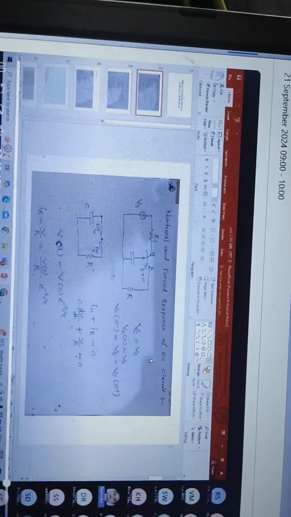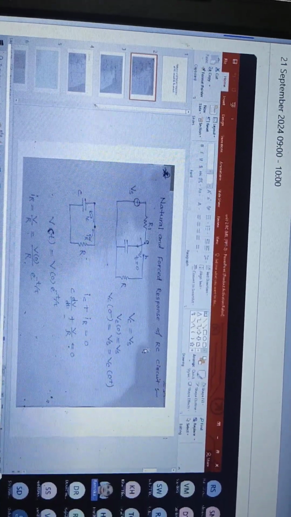Now, for the natural response of the RC circuit, we want to calculate when the switch is on. So the switch-off condition is replaced, and it becomes a diagram with the resistor and the capacitor in series.